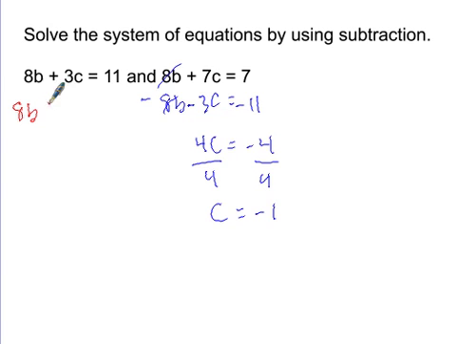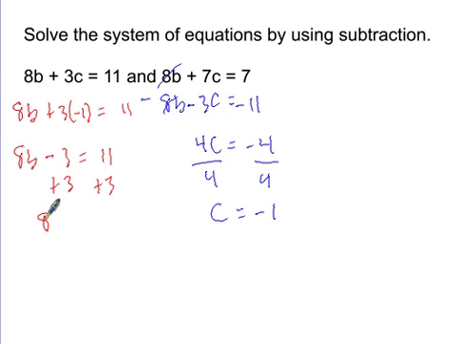8b plus 3 times negative 1 equals negative 11. Positive 11, thank you. It is positive 11. All right, so 8b minus 3 equals 11. Add 3, 8b equals 14.